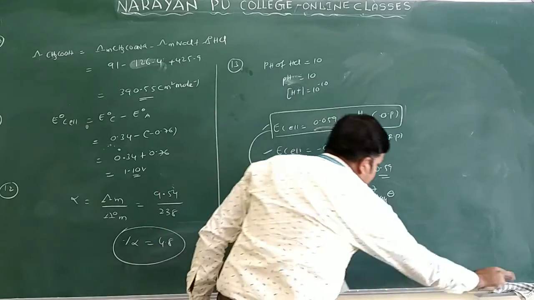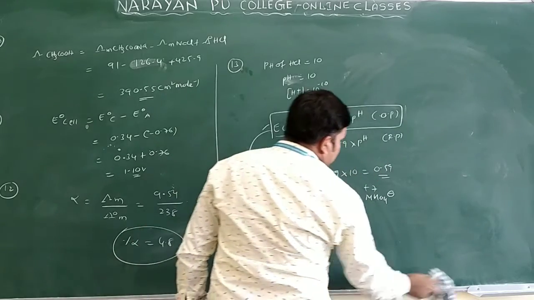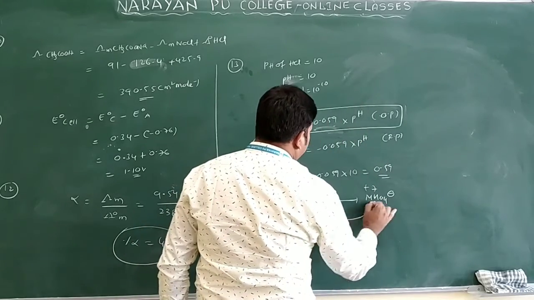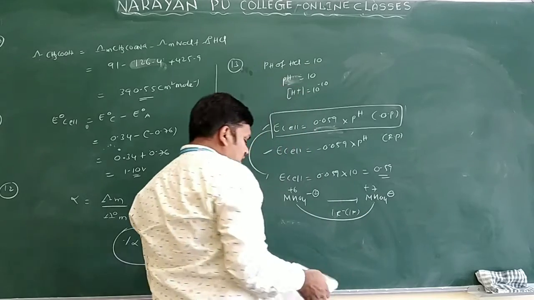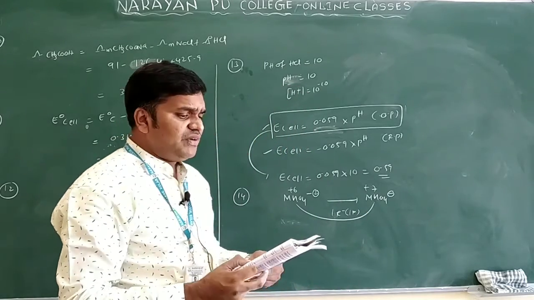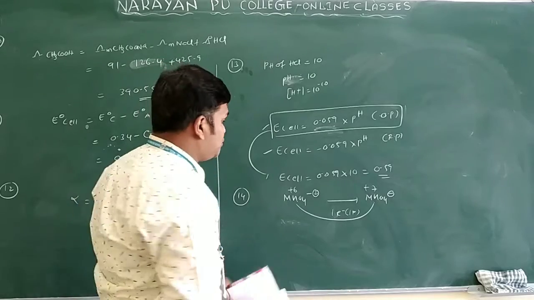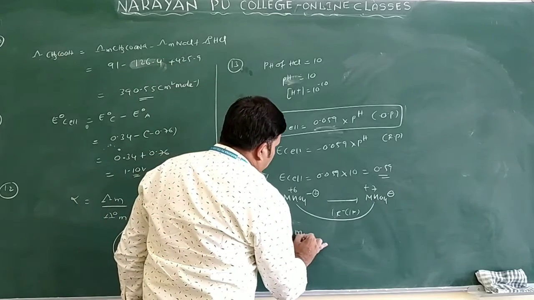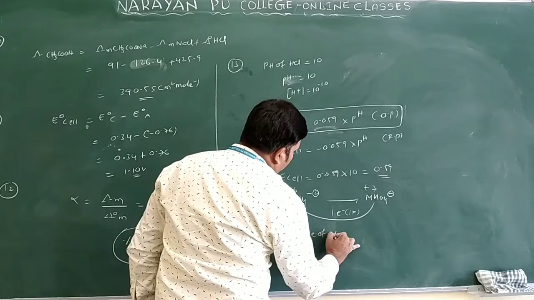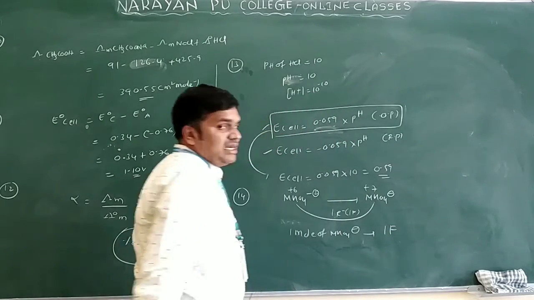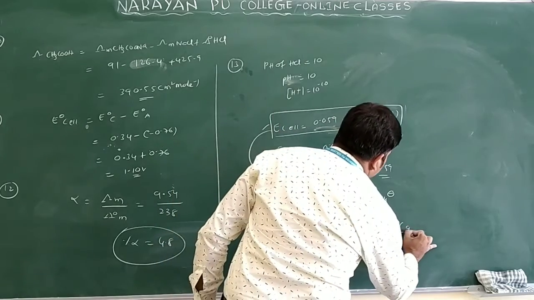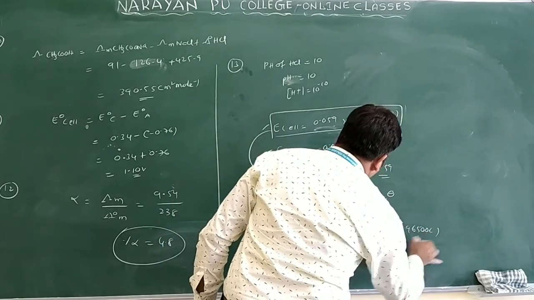Here plus 6 is there, here plus 7 is there. The change in number of electrons here is 1 only. 1 electron, you will write here 1 farad. But here they have given 0.1 mole. If you take 1 mole of MnO4 minus, how many farads are required? 1 farad. 1 farad value is 96500 coulombs.